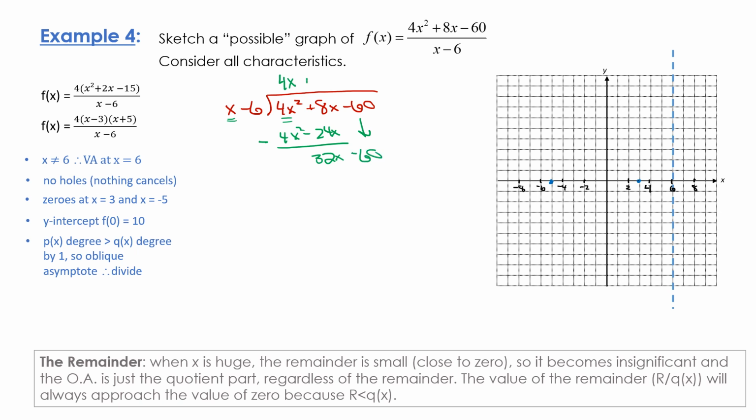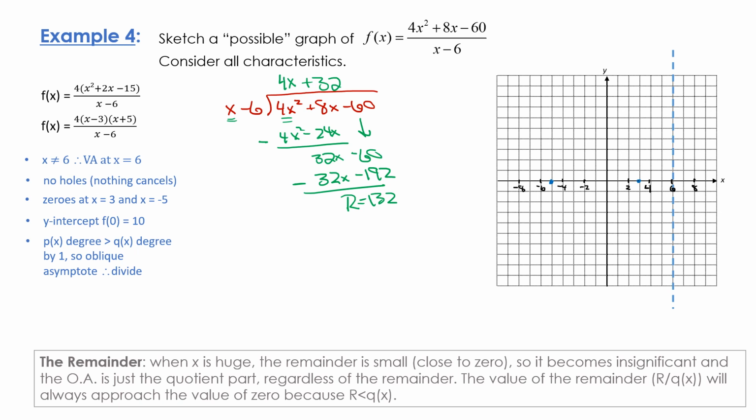Divide that in and we get a 32. Multiply it back, 32x minus 192. Subtract, again, we're going to have a remainder, who cares? We didn't expect it to go in evenly. If it did go in evenly, then we would have had some canceling happening way back at the beginning, so we weren't expecting that to happen.